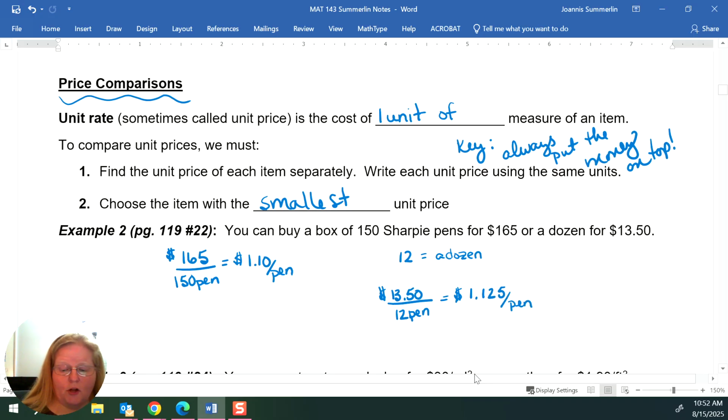Which one is smaller? $1.10 or $1.125 per pen? This one is smaller, which makes this the better buy.